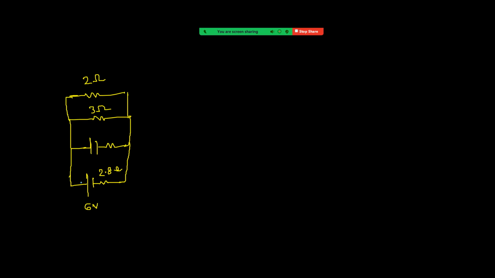So current flows now like this, it is I like this. The effective value is 2 into 3 by 2 plus 3, so 6 by 5, 1.2, right? So current equals 6 upon 2.8 plus 1.2, which is 6 upon 4, that is 3 by 2.